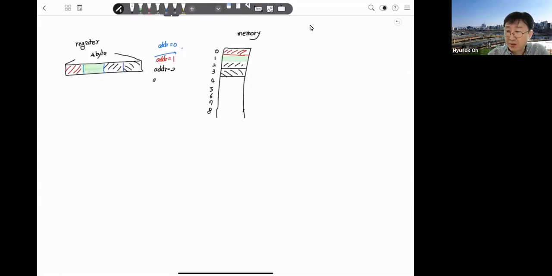So to fill the register, we have to read 4 bytes. So instead of moving 1 byte from memory to the register, the load instruction actually loads 1 word. That instruction is LW, load word.